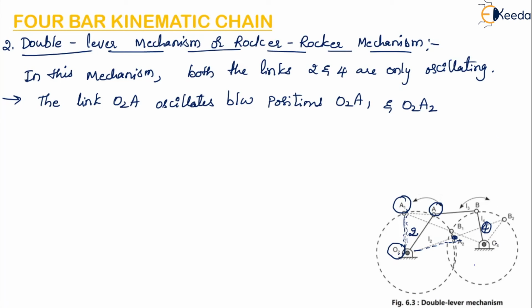Whereas the link O4B, where this is O4 and this is B, oscillates between positions O4B1, where this is B1, and O4B2, where this is B2. So it is oscillating between O4B1 and O4B2.